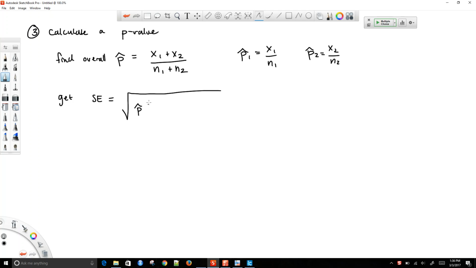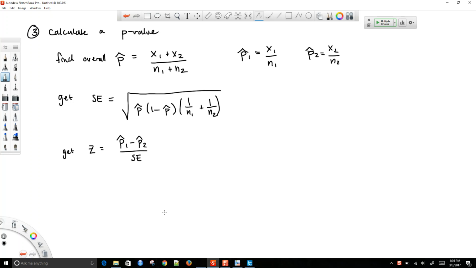We do p hat times 1 minus p hat, times 1 over n1 plus 1 over n2, and then we take the square root. And then we're going to get our z-score, which is going to be p hat 1 minus p hat 2 divided by the standard error.